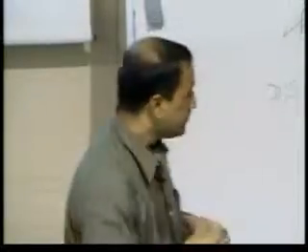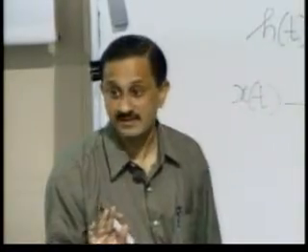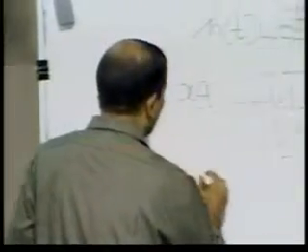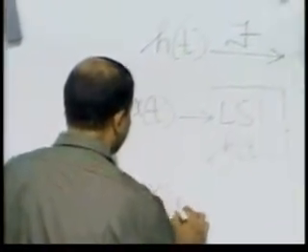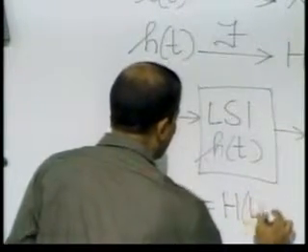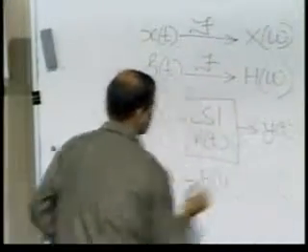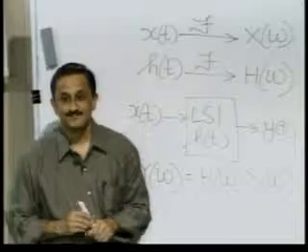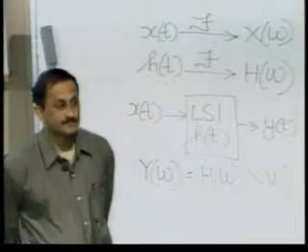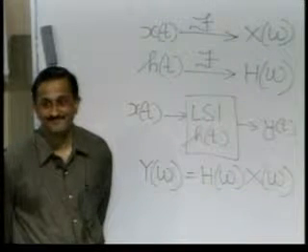Well, what we are saying actually is something much stronger than just memorylessness. We are saying that Y of omega is equal to H of omega times X of omega.